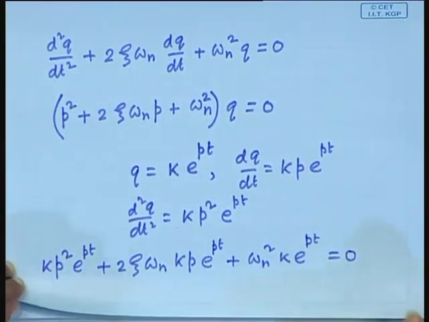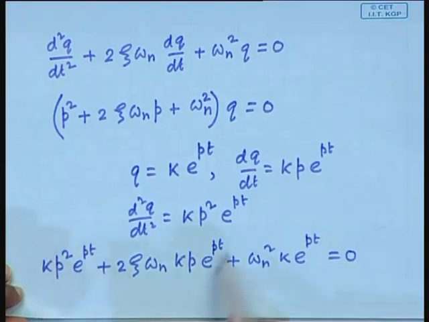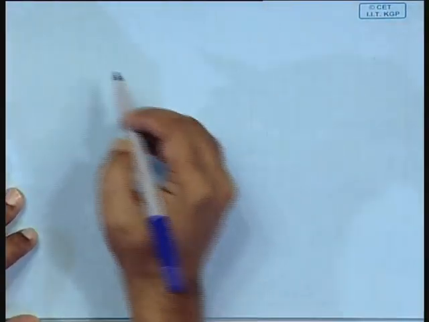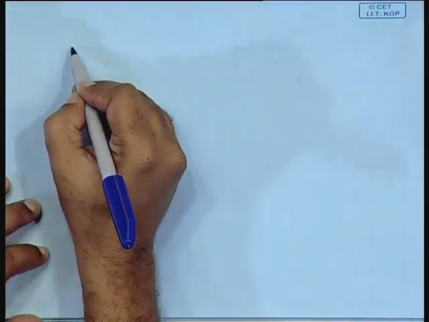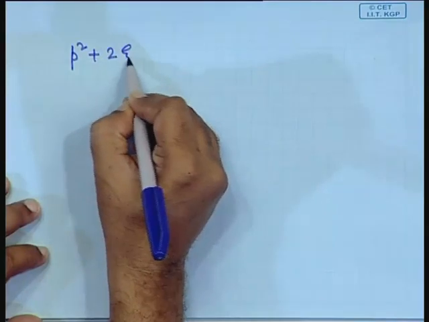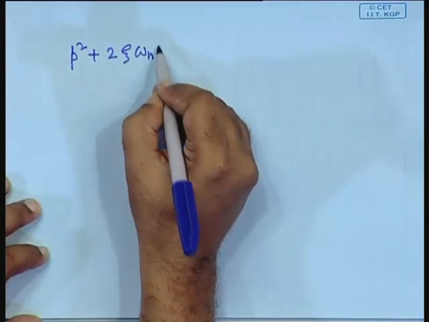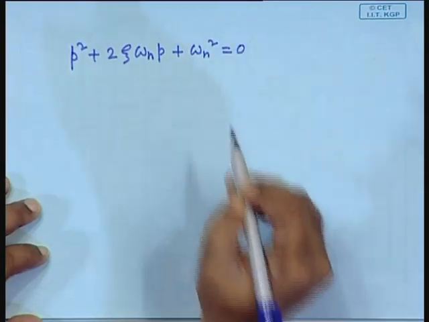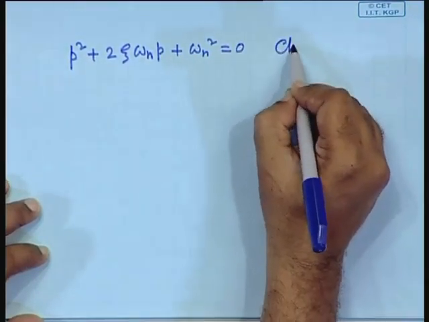Check that. So, this cancels off, k cancels off. So, ultimately you get exactly this equation. So, what you ultimately yield from this equation is p square plus twice zeta omega n p plus omega n square is equal to 0. So, this is the characteristic equation.